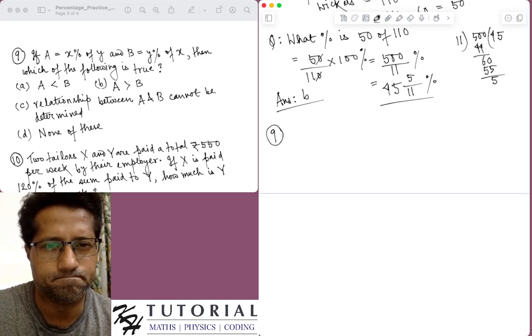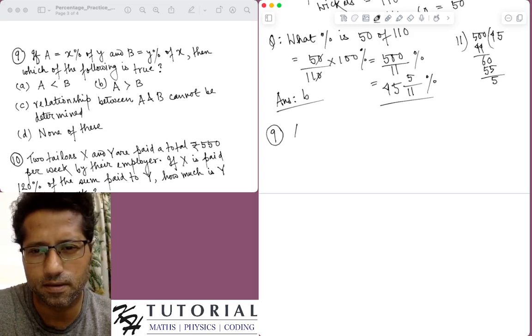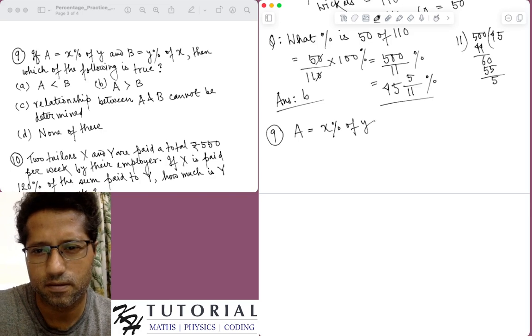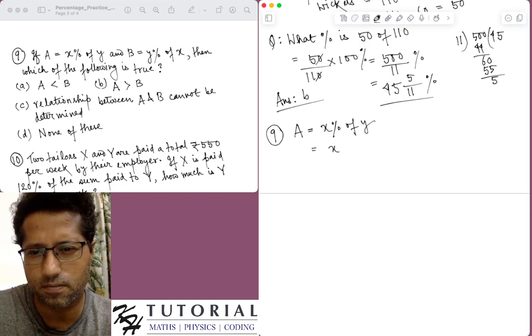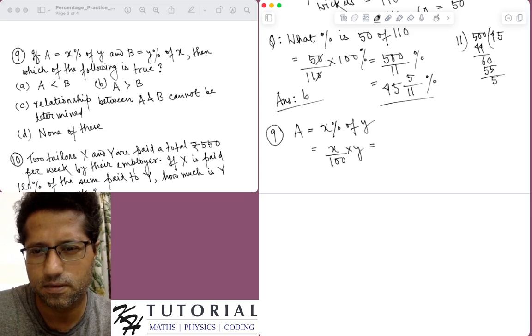B is Y% of X. So let's say A equals X% of Y. This means X by 100 into Y. This is XY by 100.